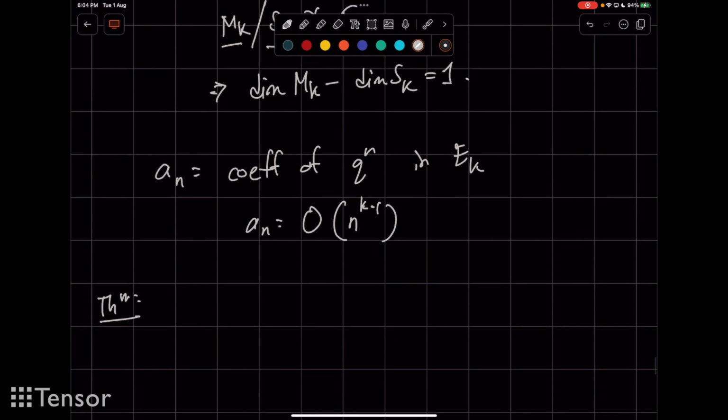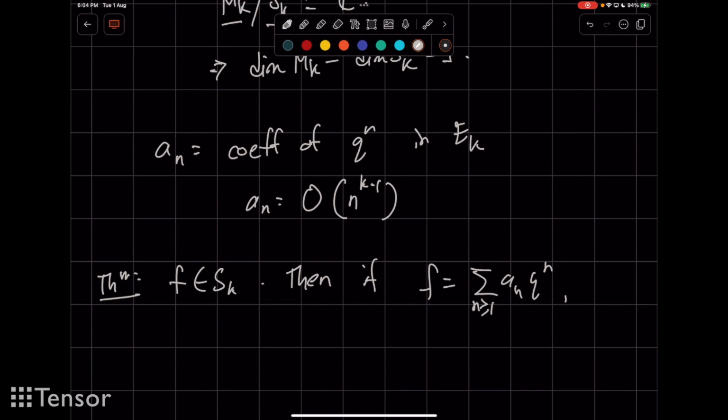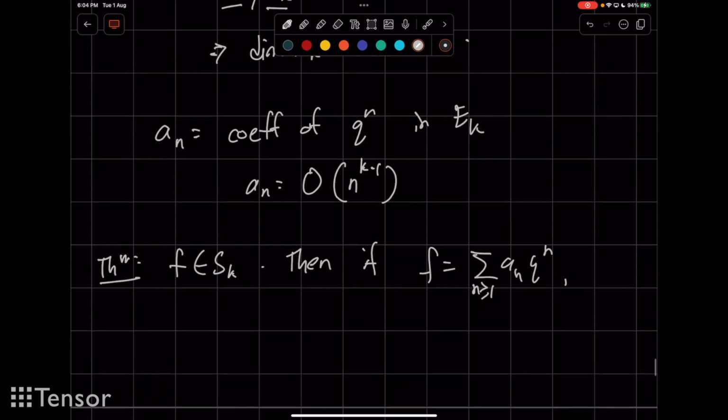Let f be a cusp form in S sub k, with q expansion the sum of a_n q to the n. Of course, since the first coefficient is 0, the sum starts from 1, right? Then a_n is of order n to the k over 2.